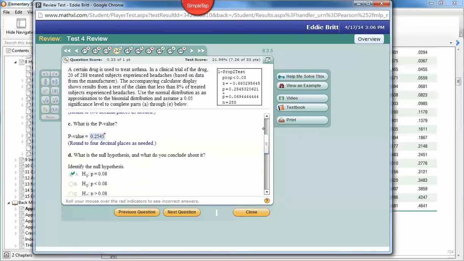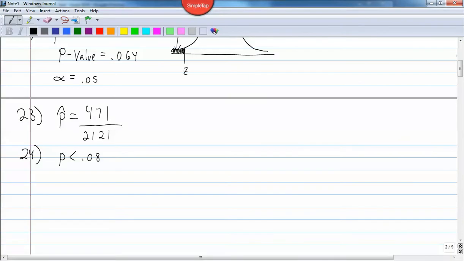What is the null hypothesis? Okay, so we can at least practice that a little bit. So the original claim was that the proportion is less than 0.08. So we write that down. Then we write the opposite. That's p is greater than or equal to 0.08. Take the one with equality and make it equals.